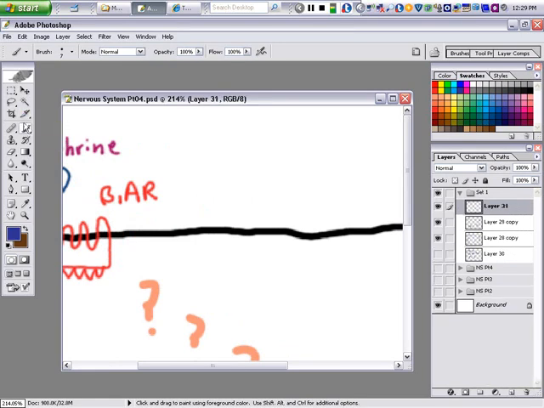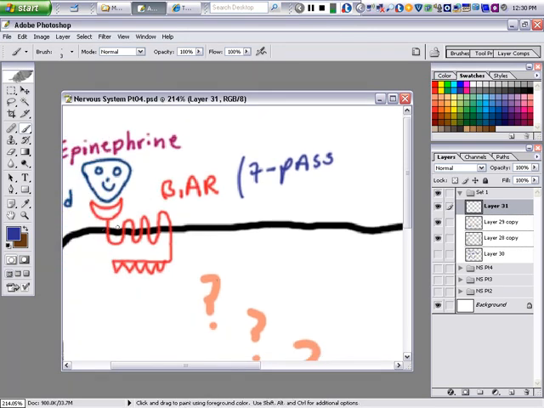So this beta adrenergic receptor, you can just call it a 7-pass receptor. It's called 7-pass because the protein itself is a long chain, and it goes through the membrane. It traverses that membrane 7 times. If we go back here and look at this, you can see 1, 2, 3, 4, 5, 6, 7.